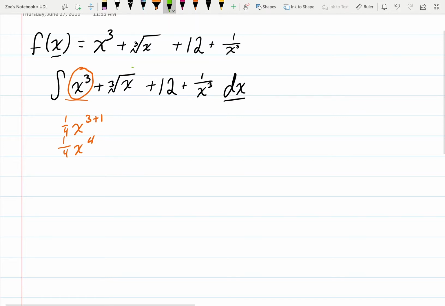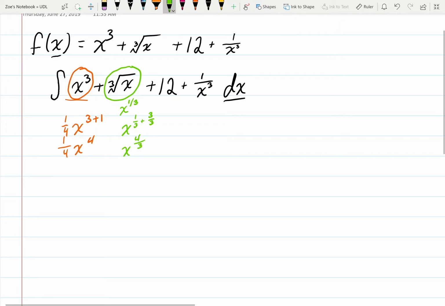So let's now look at this cubed root of x. The cubed root of x can also be written as x to the 1/3, just like the square root of x is x to the 1/2. So if we take the integral of that, x to the 1/3 would need to have 1 added to it, and when we're adding fractions, we usually make the denominators the same, so 1/3 plus 3 over 3. So we would get x to the 4 over 3 power.